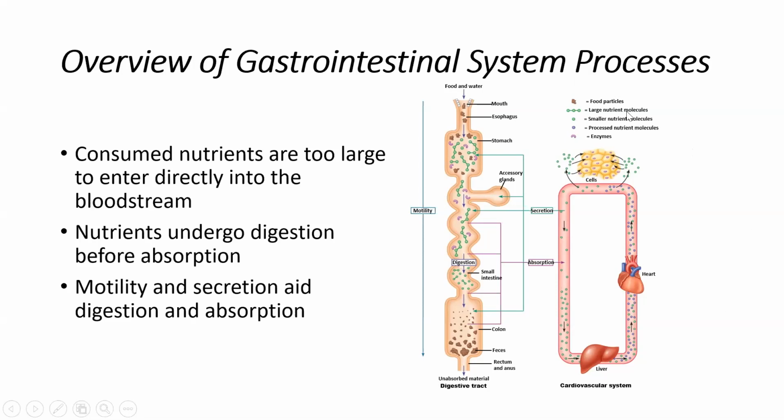Okay, and this schematic is really representing that breakdown of those cellular processes. So we've got the mouth, the esophagus, the stomach, where all this mixing is taking place. We've got the accessory glands, right, such as the salivary glands, the liver, the pancreas, that are dumping their secretions into the lumen, into the tube of the GI tract.